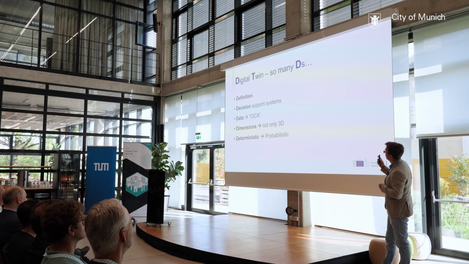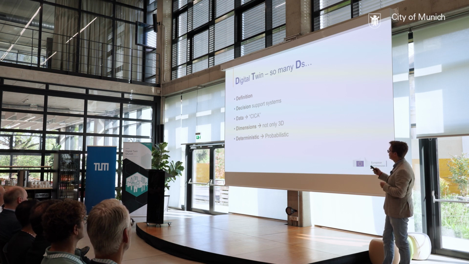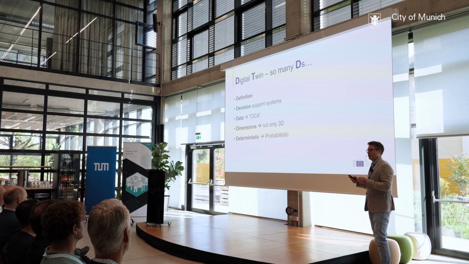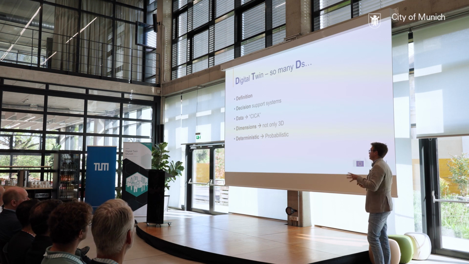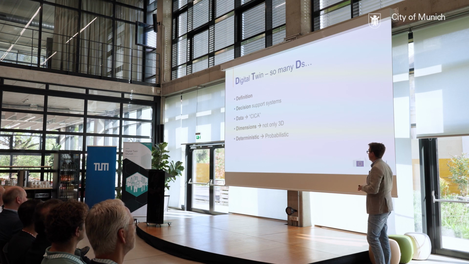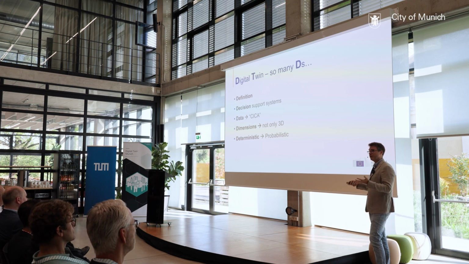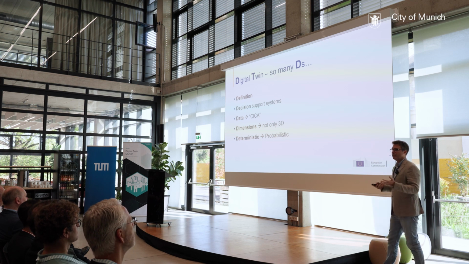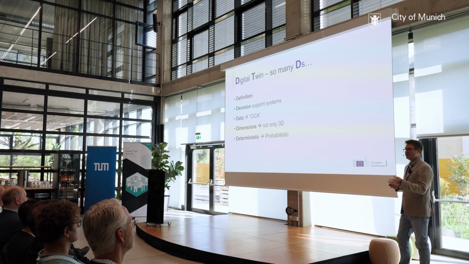Now it comes to a bit more of the geeky part. When it comes to modeling and representing a system, we often expect to get a deterministic answer. I've worked for the last 25 years with models, and in the beginning in flood forecasting, for instance, the politician would ask, is there now a flood? Do I have to evacuate, yes or no?